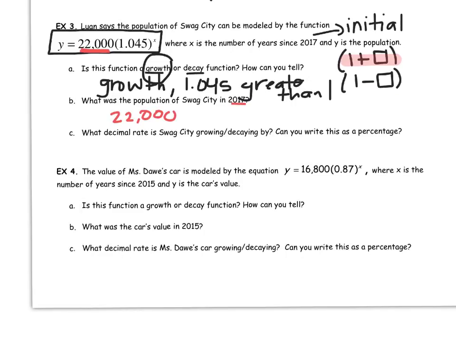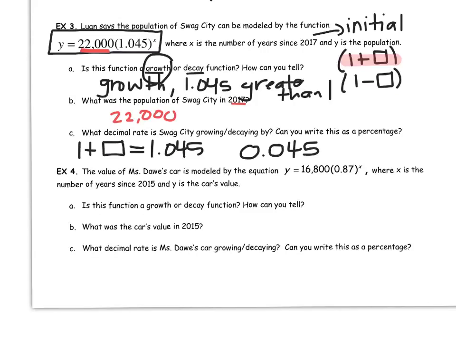So basically, this is asking 1 plus what number equals 1.045. So if you think about money, start with $1, I end up at $1.045. That means that the decimal rate is 0.045.